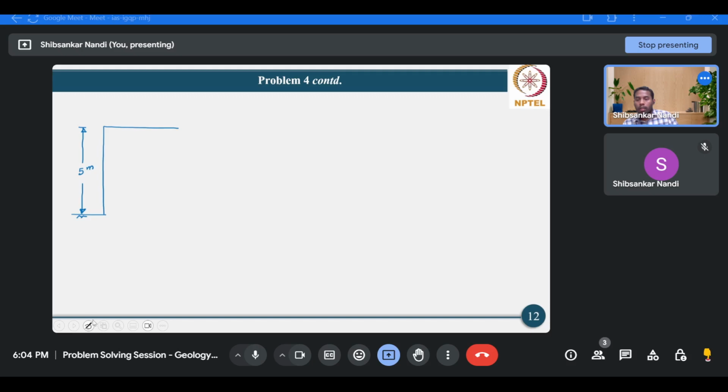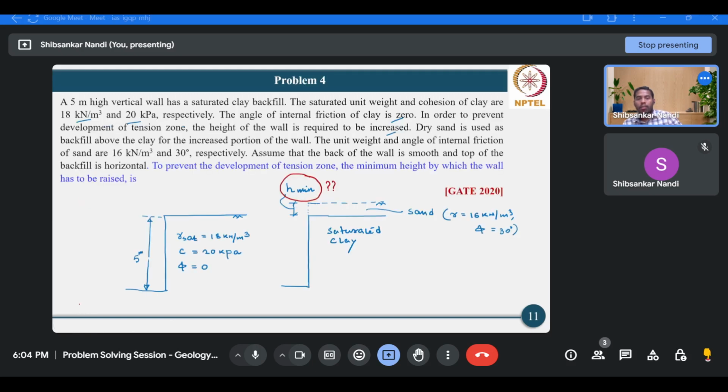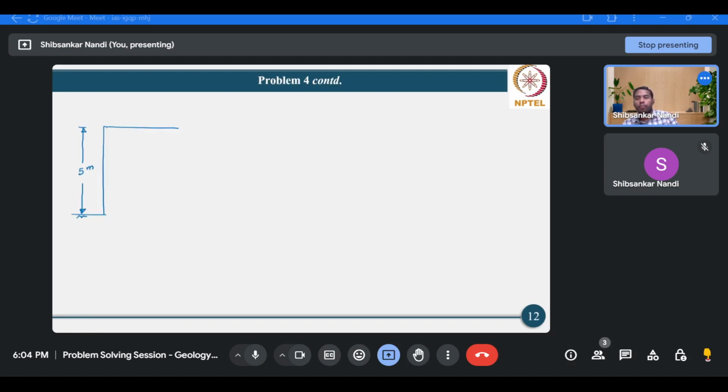Now this added sand, what will it do? It will basically behave as if an externally applied surcharge on the saturated clay.